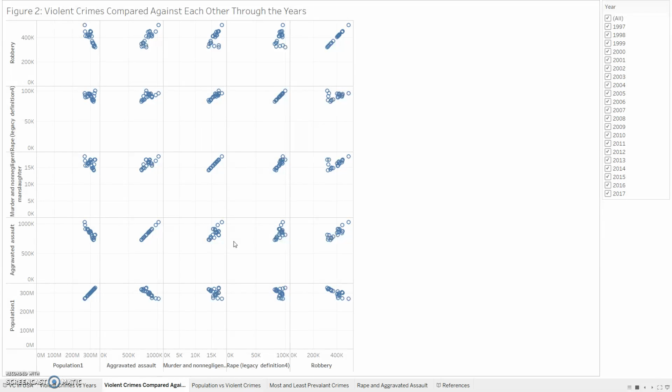That's what I thought initially, but the data actually shows that even though we're having increases in population, we're seeing decreasing levels of violent crimes. However, as from these scatter plots, it shows that as more violent crimes occur, the other categories of violent crimes will also increase.